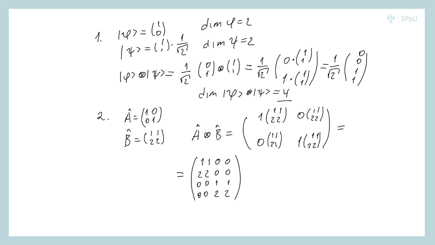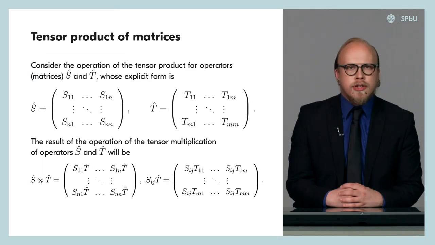So, as you can see again, the dimension of the operators was equal to 2, and the dimension of the tensor product is equal to 4. We considered the operation of a tensor product when both operators and vectors belong to two different Hilbert spaces of dimension 2. Note that the tensor product can also be carried out when the dimensions of the spaces do not coincide.